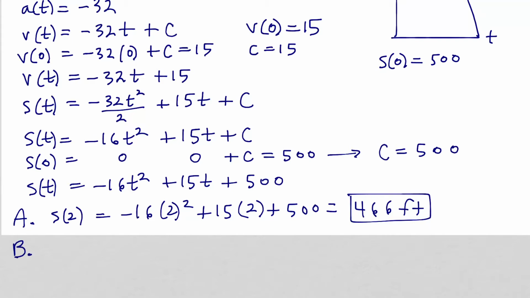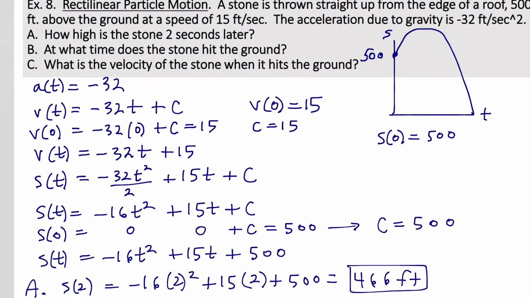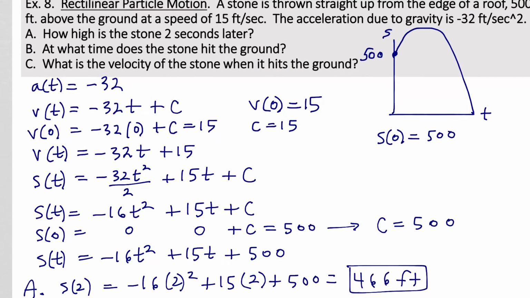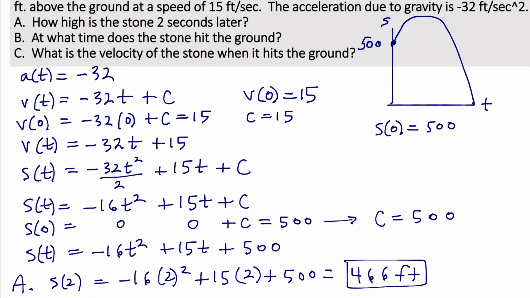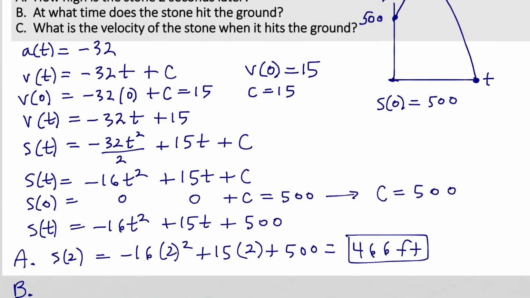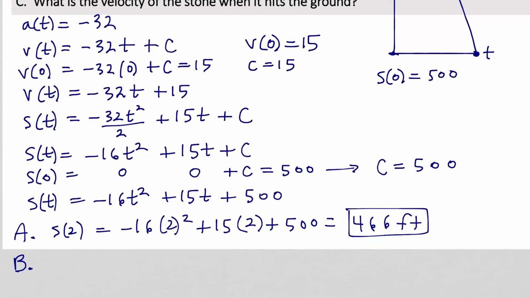All right, now let's see what else we're asked here. At what time does the stone hit the ground? So when the position is equal to 0, we want to figure out that time. So that means we want to set the position function equal to 0.